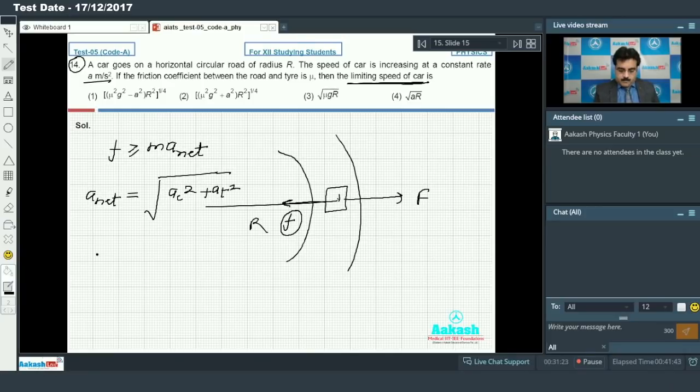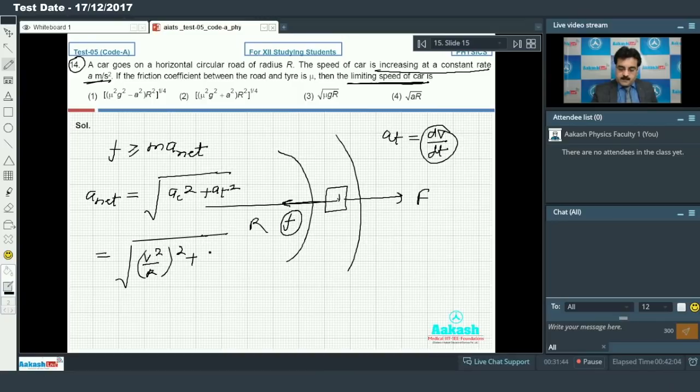So first I calculate the centripetal acceleration, that is given by v square by r, and I need to calculate tangential acceleration, which is given by dv over dt. But the question says it is increasing at a constant rate a, so that is a. It is directly given to you as a meter per second square.